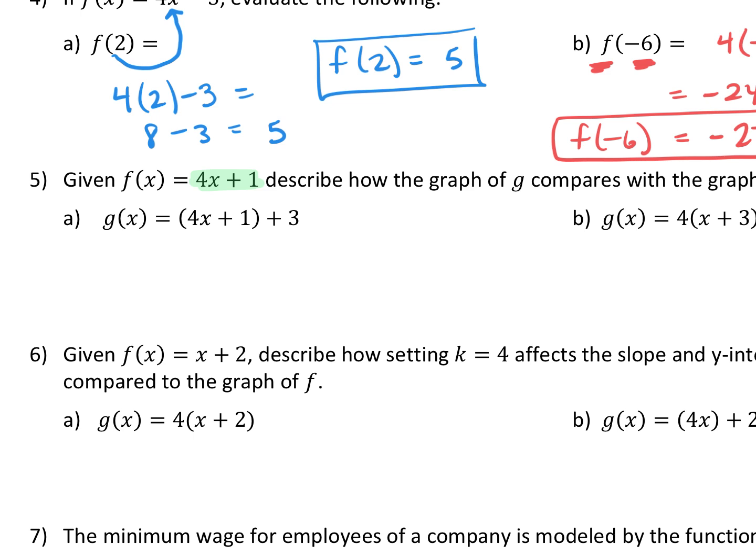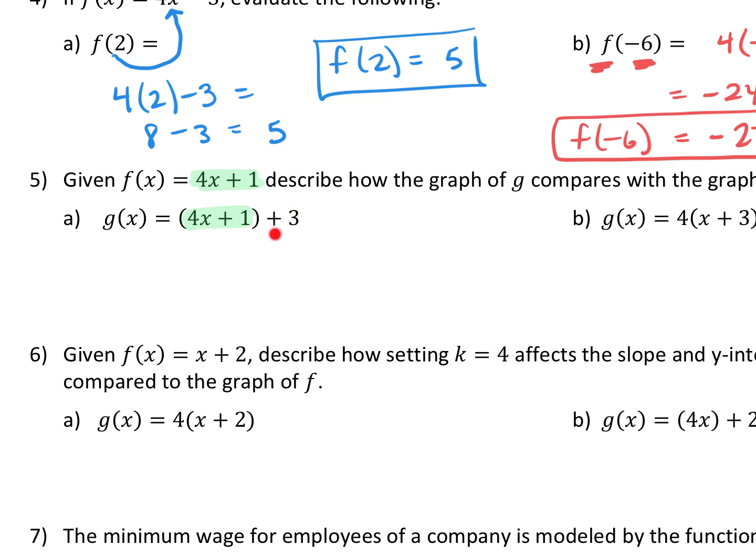And then we get to g of x and we're making a change to the 4x plus 1. Why don't we try to find the 4x plus 1 within our g function? Here's 4x plus 1 right there. Highlighting it helps me see, oh, this is the change right here. This is the thing that's different.